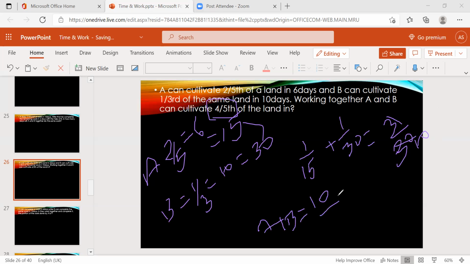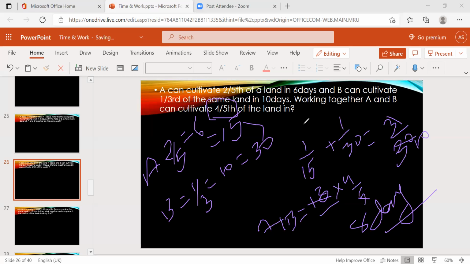Whole work. But what they're saying, only 4 by 5th of the work, so 10 into 4 by 5th of the work. It is 2 into 4, 8 days. 8 days is nothing but A and B can finish the 4 by 5th of the work in 8 days only. See the difference. So what the difference here?